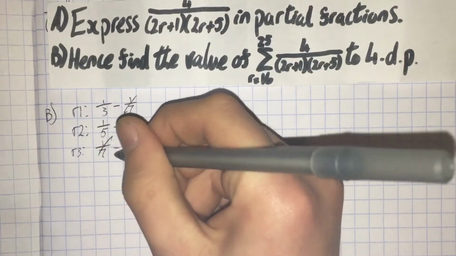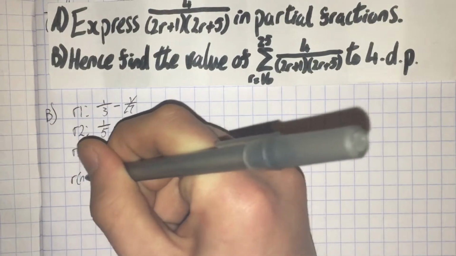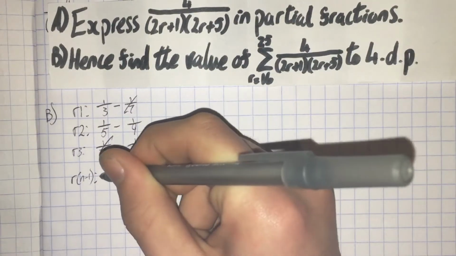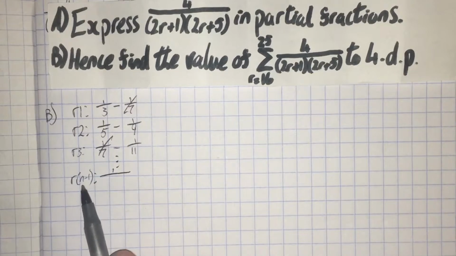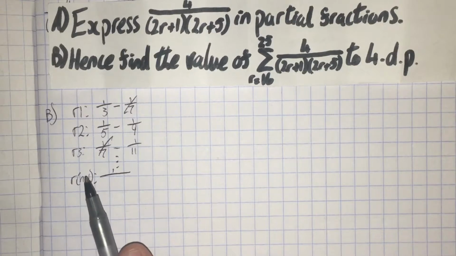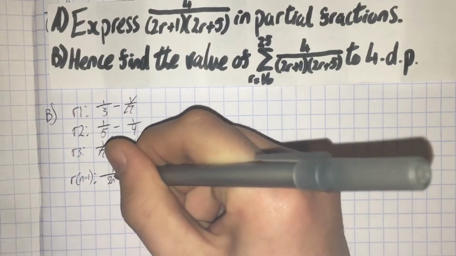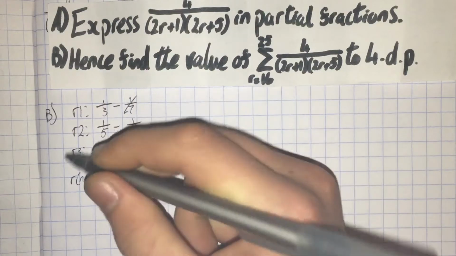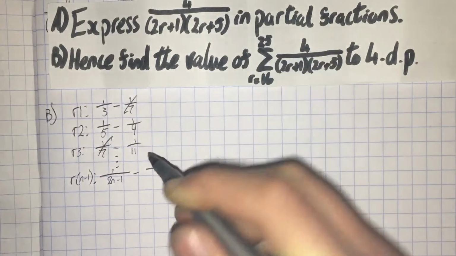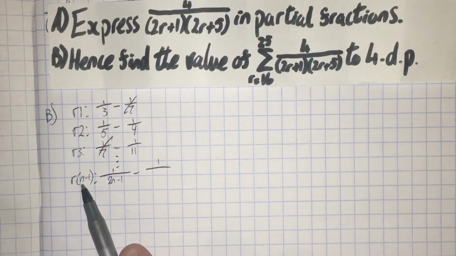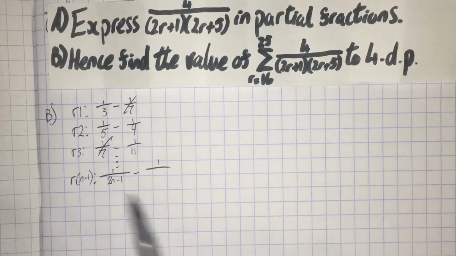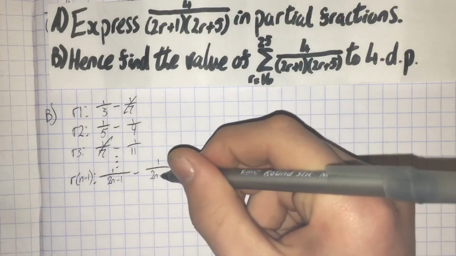So if we put r equals n minus 1, then we will be given that 1 over 2 times this plus 1, which means we'll have 2n minus 2 plus 1, which of course will be 2n minus 1, minus 1 over 2 times n minus 1 plus 5, so that'll be 2n minus 2 plus 5, that will give us plus 3 overall, so that's 2n plus 3.